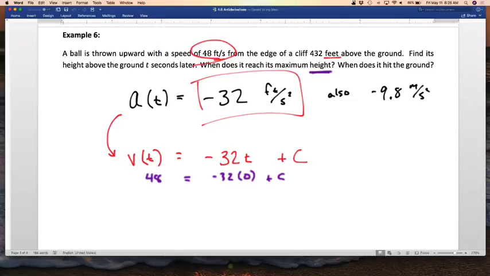If it was thrown downward, the velocity would be negative. So since that ball is thrown upward, we're going to have a positive 48 there, which means our c is, of course, 48. So we have our velocity equation. And when we take the antiderivative of that, we're going to get our position equation.